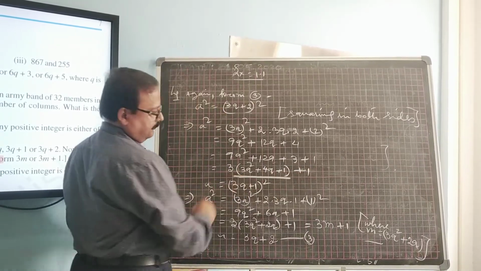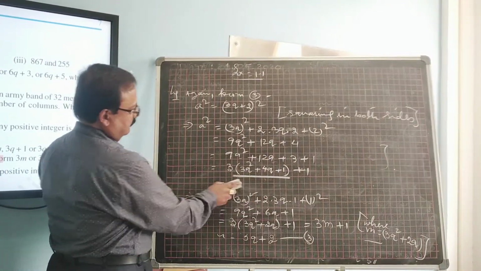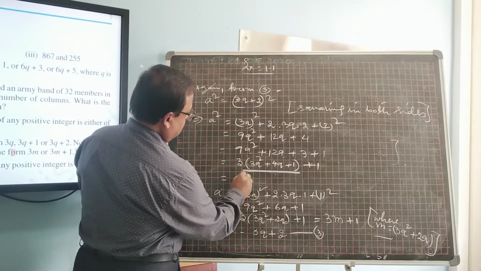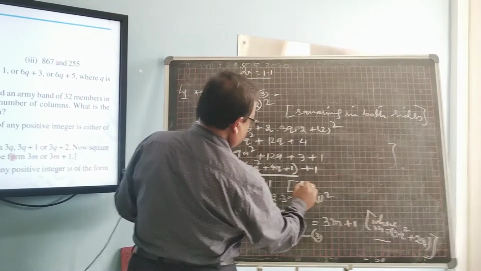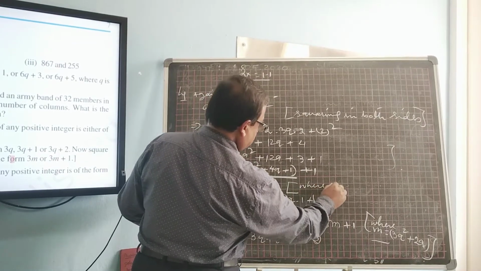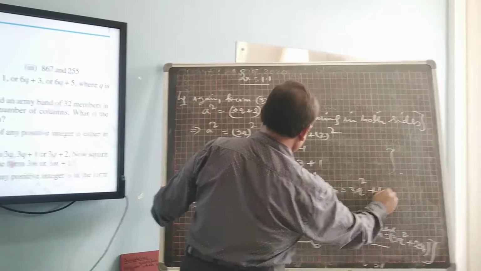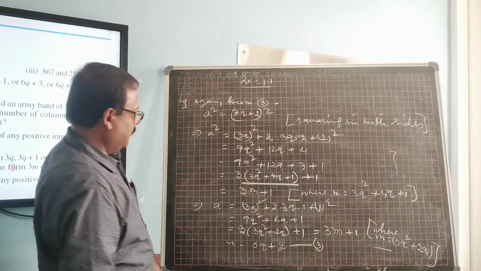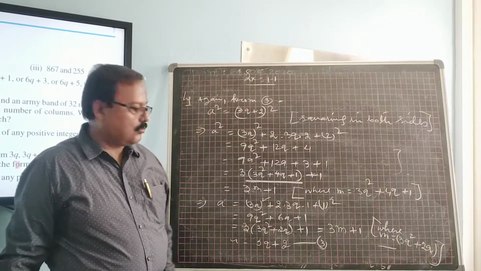This is the m, where m equal to 3q square plus 4q plus 1, some positive integer.